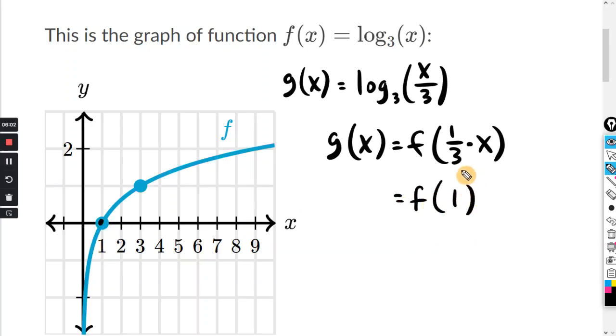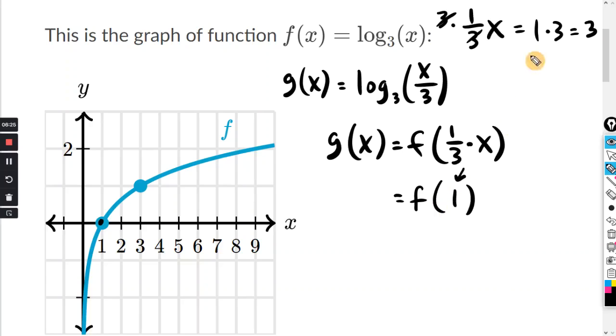Okay, and we can see that 1/3 times x equals 1. How do you solve for x? Well, you just multiply both sides by 3. Cancels here, and x is going to be 1 times 3, which is just 3.